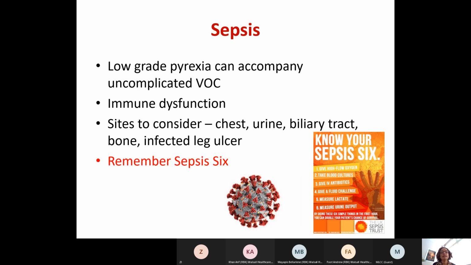So the potential sites for infection are chest, urine, hepatobiliary, osteomyelitis, infected leg ulcers, or an infected port. COVID, of course, unfortunately, the uptake of vaccinations is not great in our patient group, and it's somewhere sitting around 40 to 50%. So a lot of patients are not vaccinated. And sepsis 6, again, this audience are quite familiar with that.